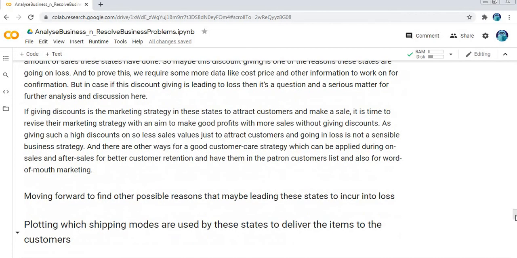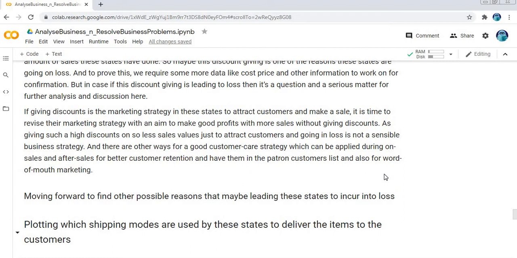So is giving discounts the only marketing strategy in these states to attract customers and make sales? It is time that they revise their marketing strategy. We can aim to make more profit with more sales without giving discounts, as giving such a high discount on such a low sales amount just to attract customers, and giving it at a loss, is not a sensible business strategy.